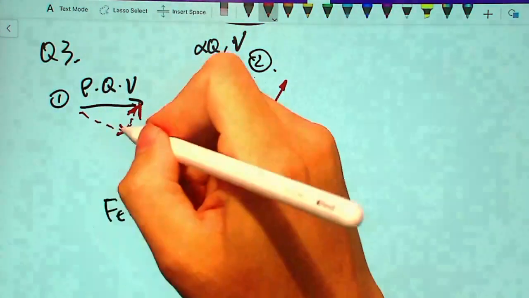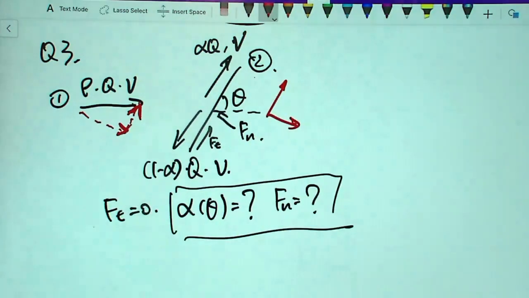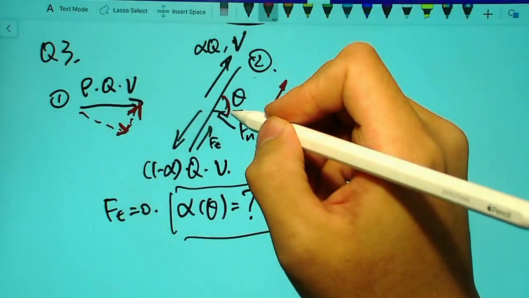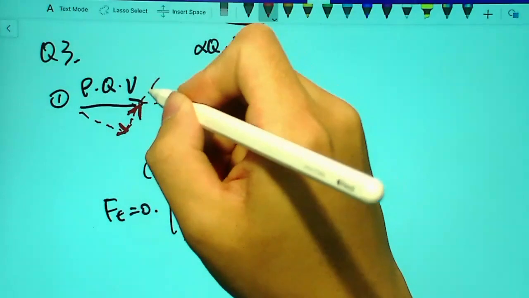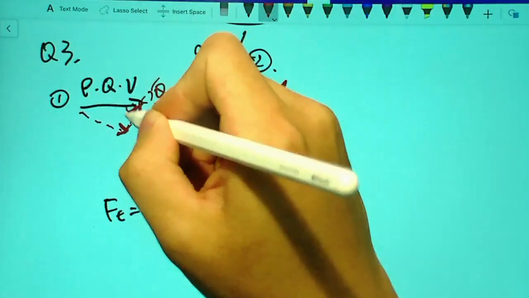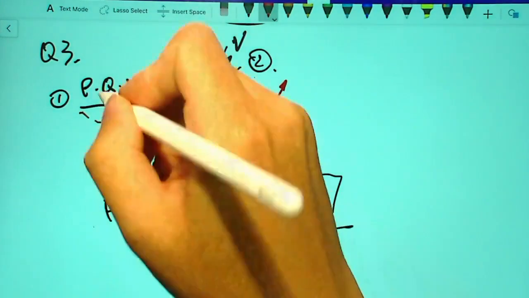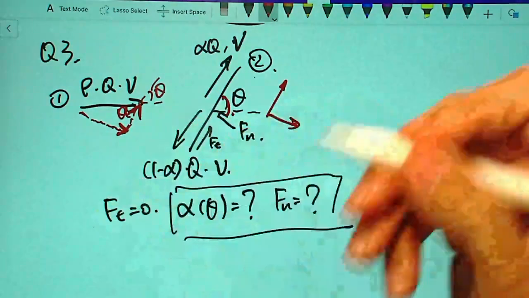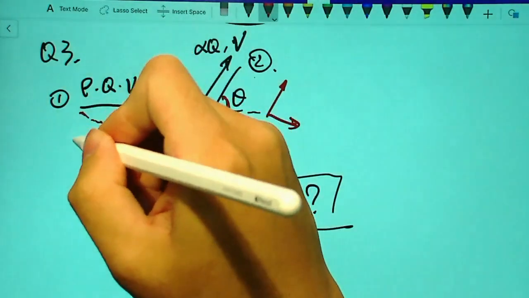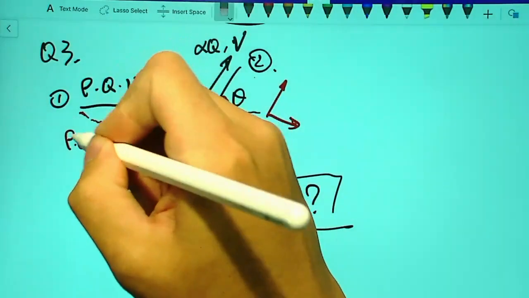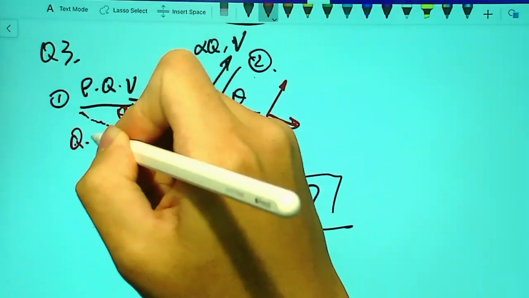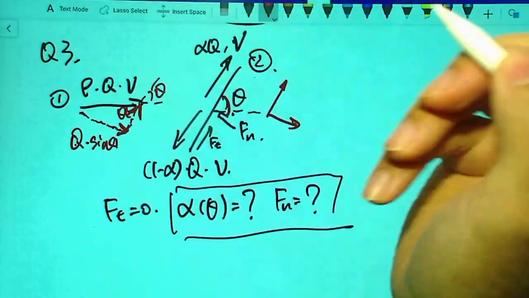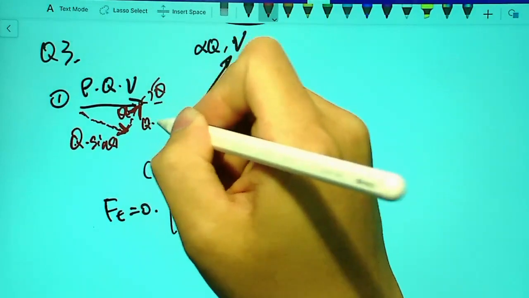We need to keep its direction and make sure it's clear. So here we have this angle as theta. So the part in normal direction will be rho times Q times sine theta, and the tangential direction will be Q times cosine theta.